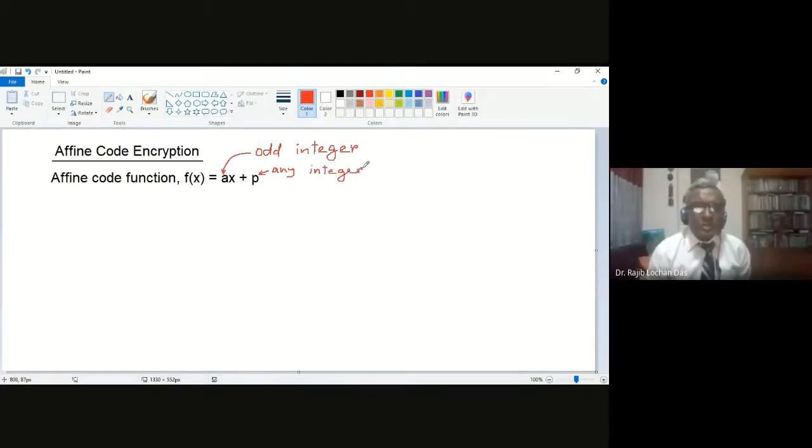So these are the two things for the affine code function. So let us have a question, and we will do the calculation.